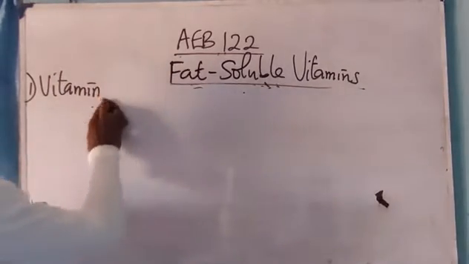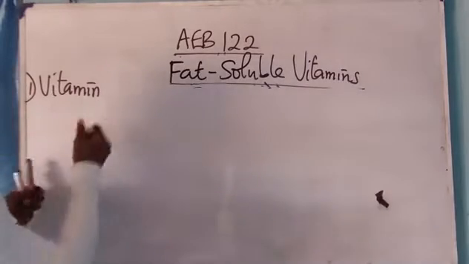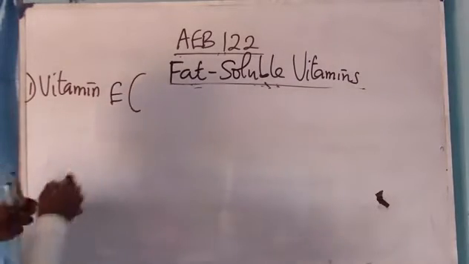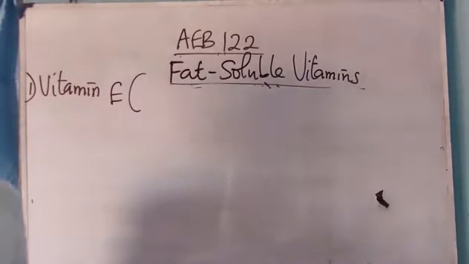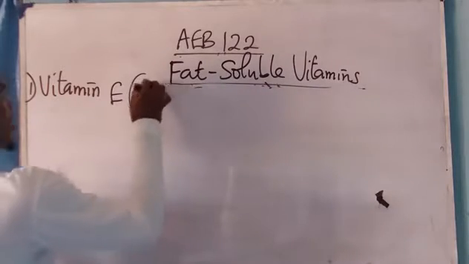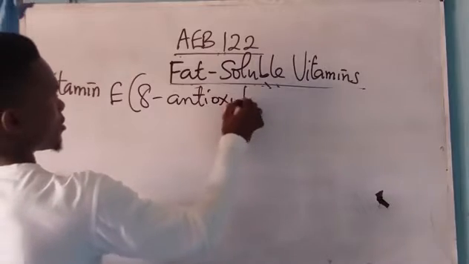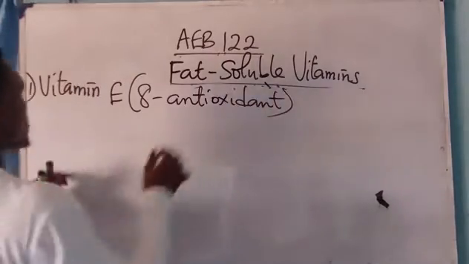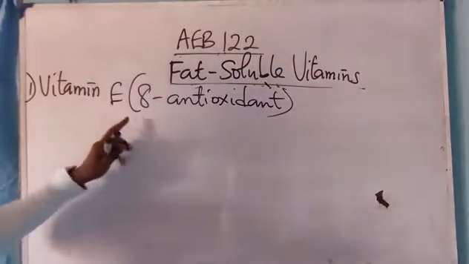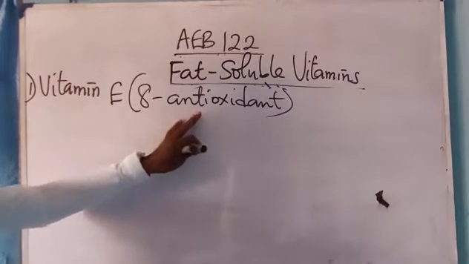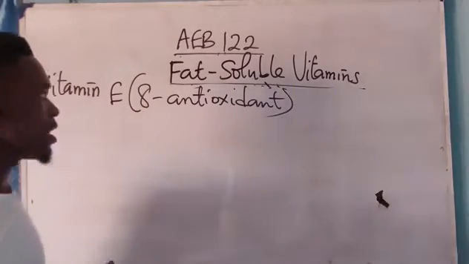Now, vitamin E describes the family of 8 antioxidants. Vitamin E describes 8 families of what? Antioxidants.